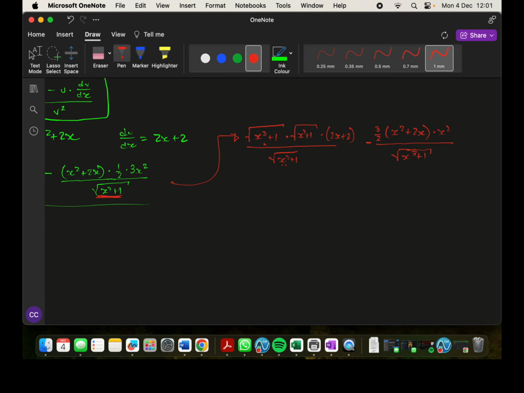If I just expand my brackets here, I would end up with x cubed plus 1, because multiplying those two together, times 2x plus 2, minus 3/2 x to the 4th plus 3x cubed. Sorry, minus 3x cubed.